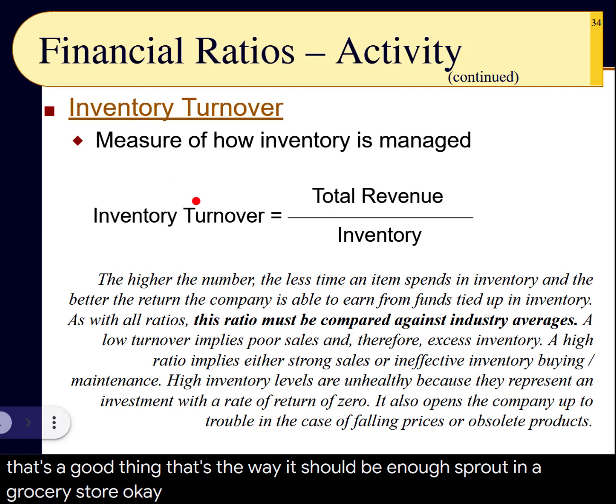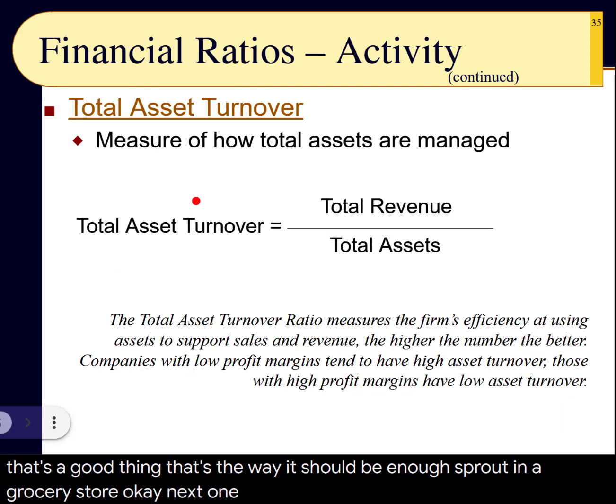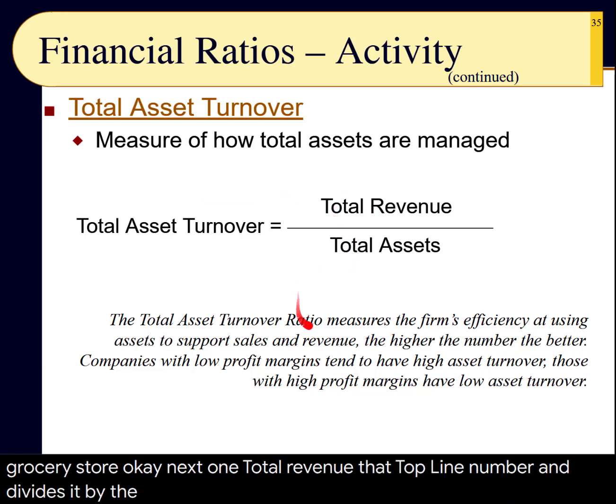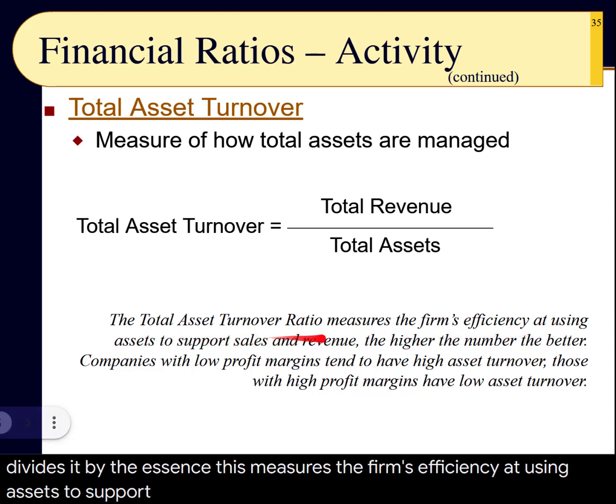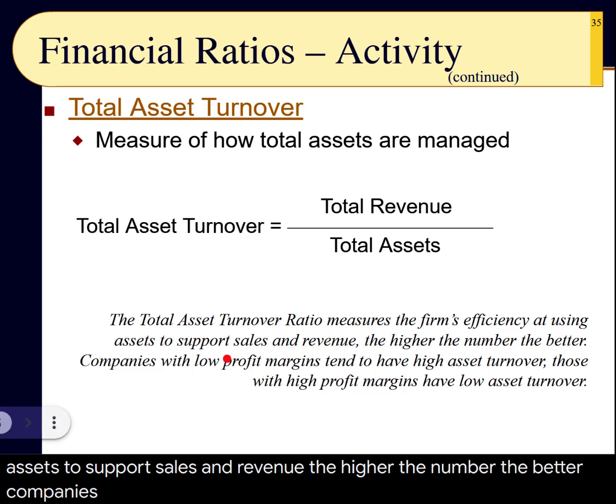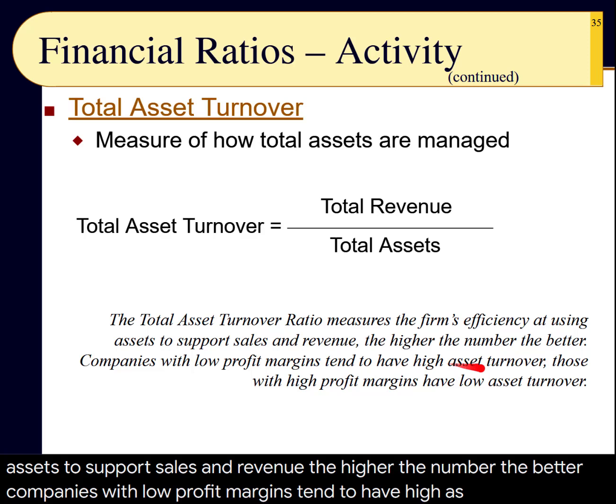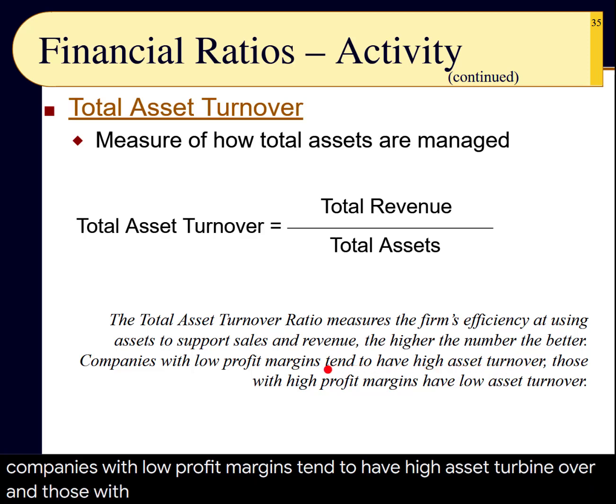Okay. Next one is the total asset turnover. This takes the total revenue, that top line number, and divides it by the assets. This measures the firm's efficiency at using assets to support sales and revenue. The higher the number, the better. Companies with low profit margins tend to have high asset turnover, and those with high profit margins tend to have low asset turnover.